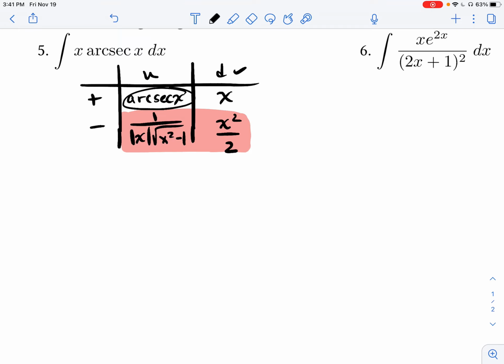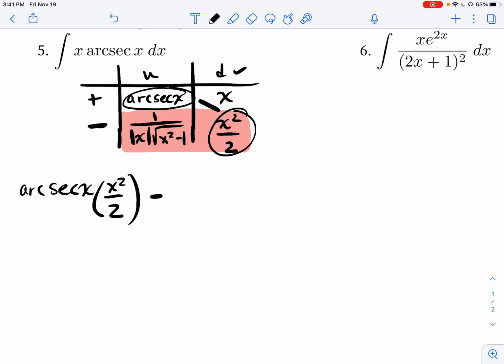So let's take a look at what we have so far. We have arcsecant of x times x squared over 2. That's my uv. Minus, I'm doing minus here because I've got the formula for uv minus the integral of v du.